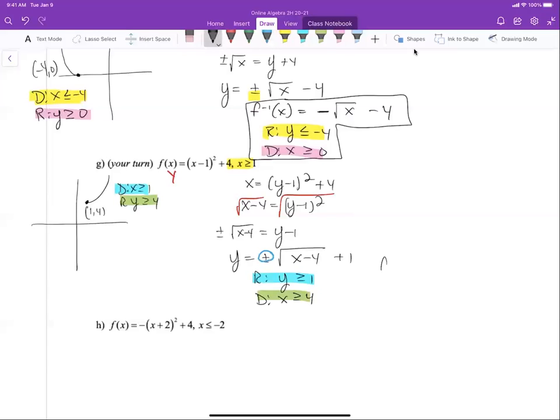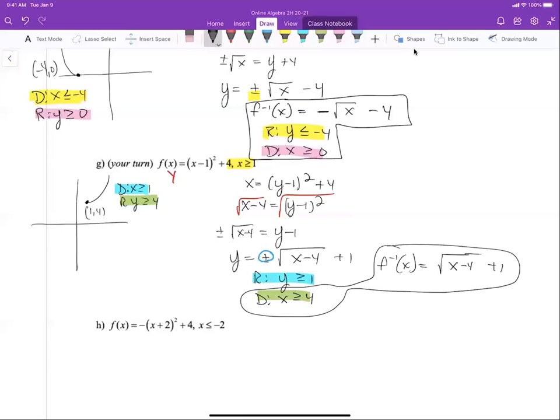So my inverse function of x is equal to the square root of x minus 4, plus 1. I only need the positive portion. They asked for the domain constraints, and so there's my answer. Maybe I should make it a little cleaner. This is my answer, and this is my answer. The only reason why I wrote the range is I needed it in order to figure out which branch of that radical I needed, okay?